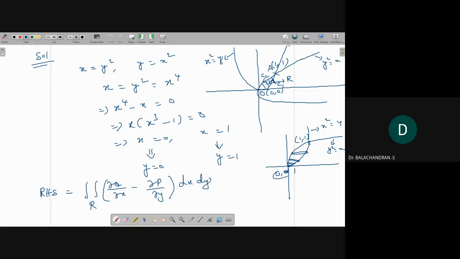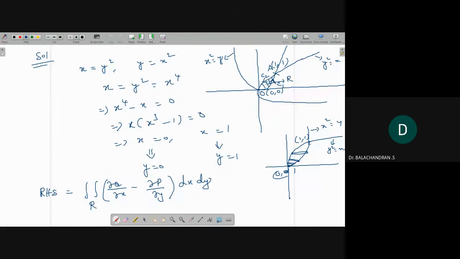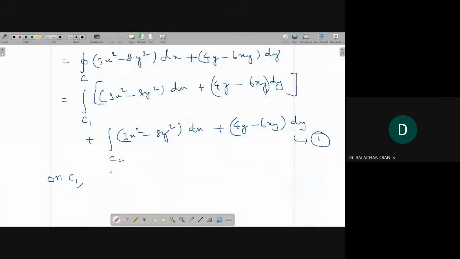Or is it x square equal to y? Please check it carefully. Is it correct, x square equal to y? Yes, sir. Okay. So on C1, x square equal to y, or y equal to x square. Both of them are the same. So dy equal to 2x into dx. So x varies from where to where?